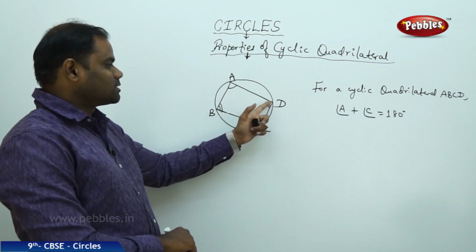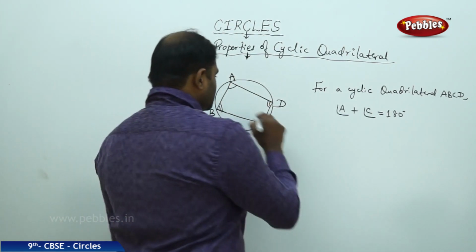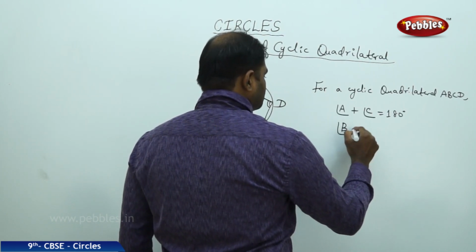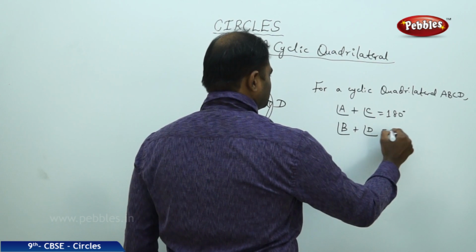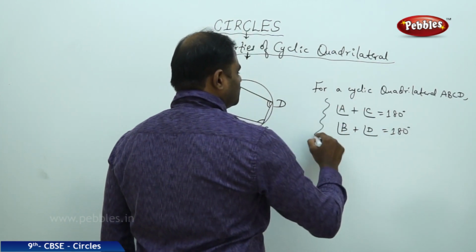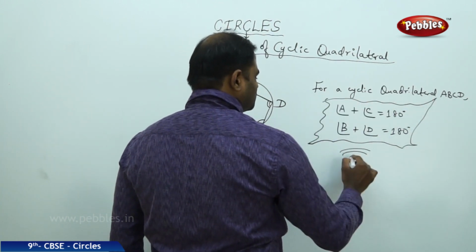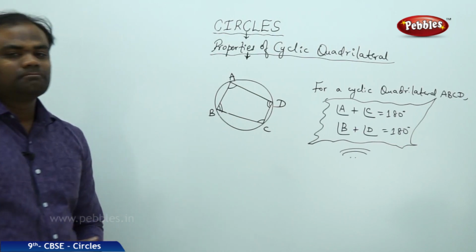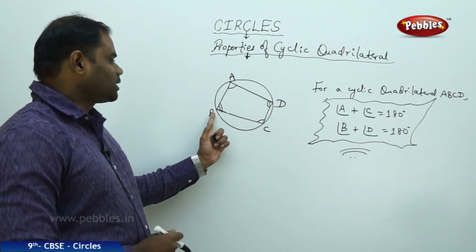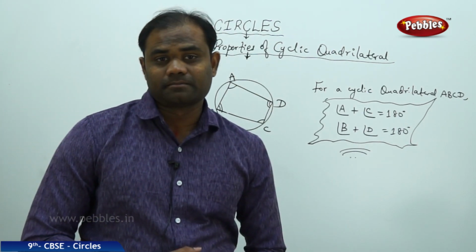So this plus this is 180 and this plus this is 180. So my other pair is how we understand the property. For a cyclic quadrilateral, the sum of these two and the sum of these two will always be 180 degrees.